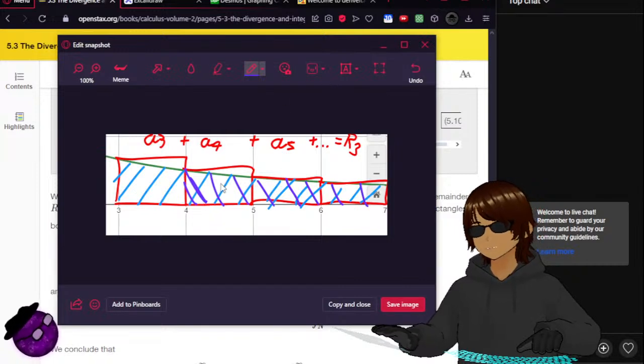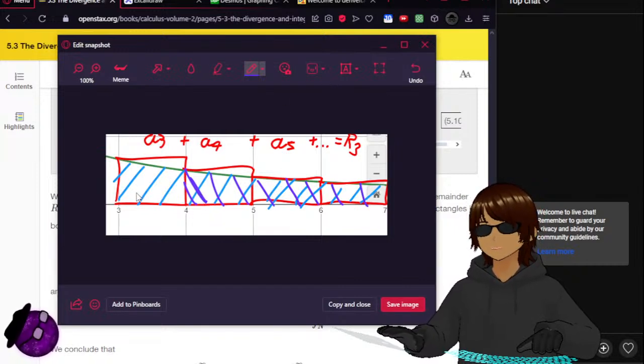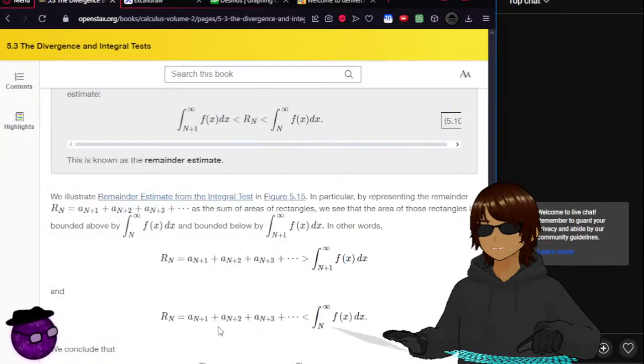But I get how the blue one is bounded below. It's not bounded above, it's bounded below.